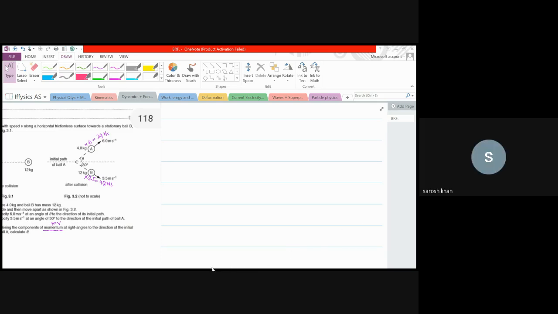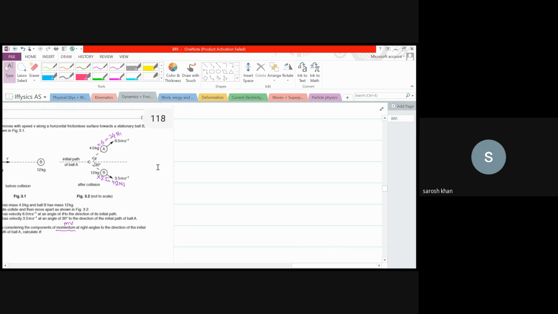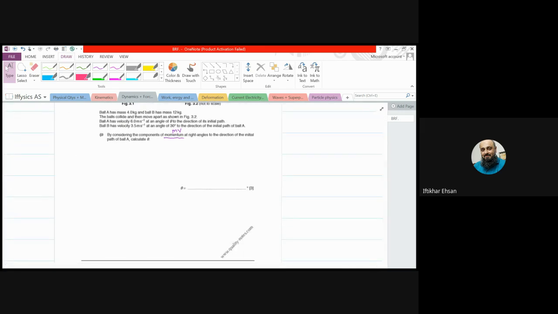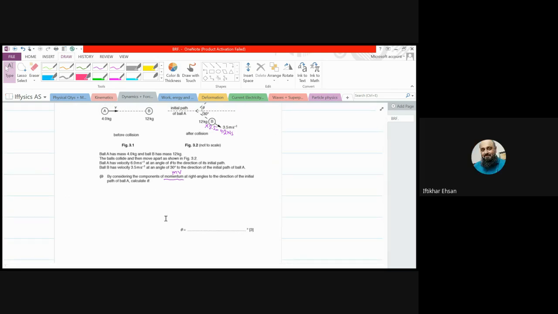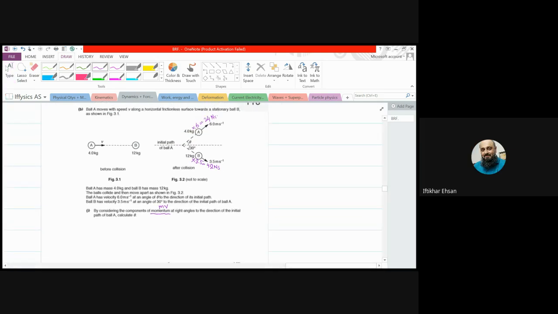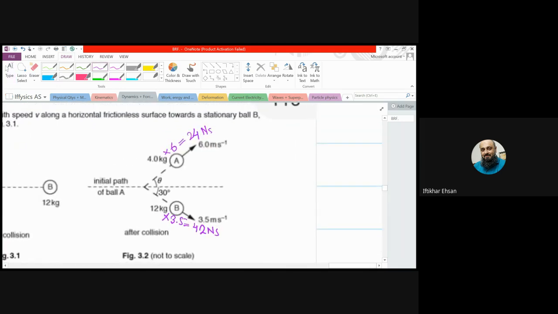And since only ball A was moving originally, by considering the component of momentum at right angle to the direction, what are the components? The horizontal and the vertical component. First, let us convert into components. The first momentum is 24 Newton second.